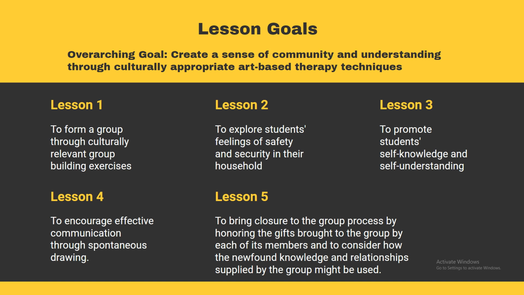The fourth lesson is going to encourage effective communication through spontaneous drawing and look at helping students have more appropriate behavioral responses to things that may make them upset. And lastly, lesson 5 is just to bring closure and remind them of everything that they have learned in the group, consider the relationships, knowledge, and just anything they can take away from it.